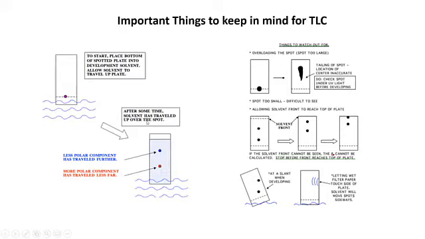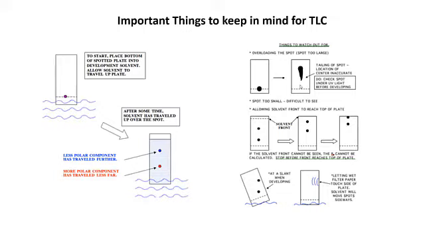Now, related to the spotting, what things to watch out for? Overloading. We should not overload the plate. If you overload the plate, tailing might happen, as you can see in this picture. And the location of the center of the spot will be inaccurate in this case, so the calculation of the retention factor won't be accurate.